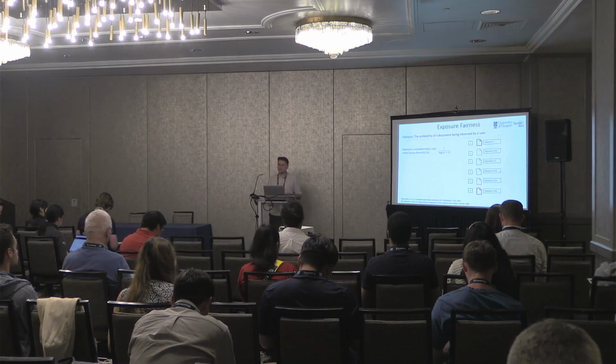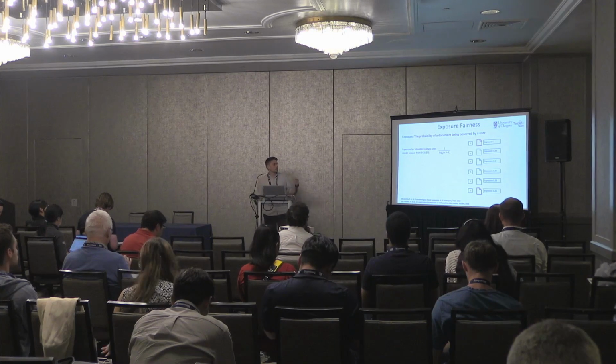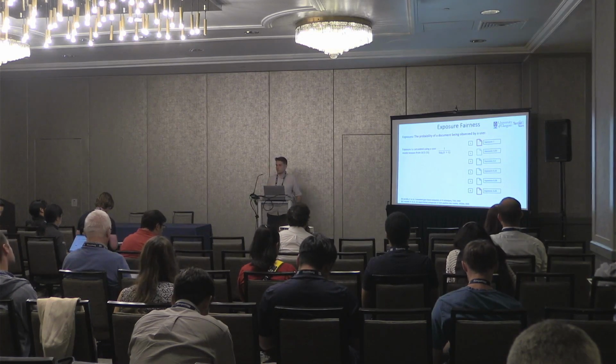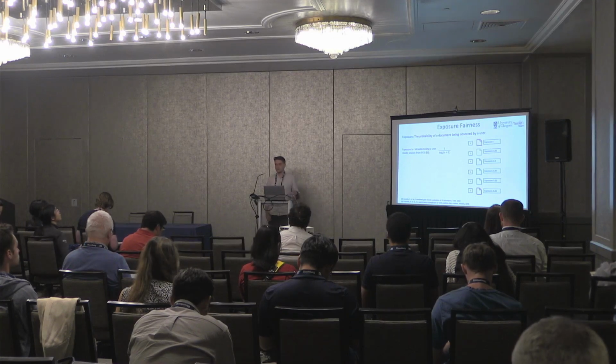And specifically, I focus on exposure fairness, right? Exposure is the probability of a document being observed by a user. There are different user models that can be used to measure exposure. I'm using the one that has also been used in the track, or that you might know from the DCG.